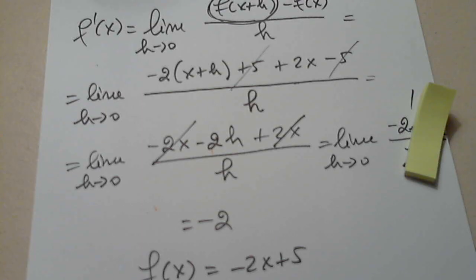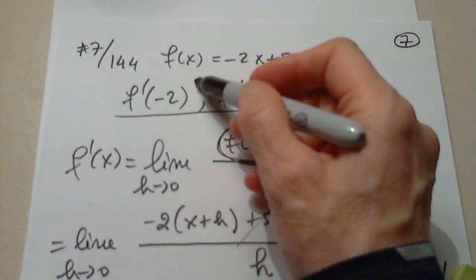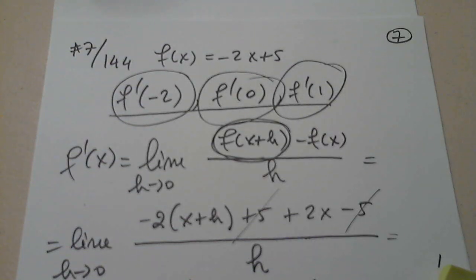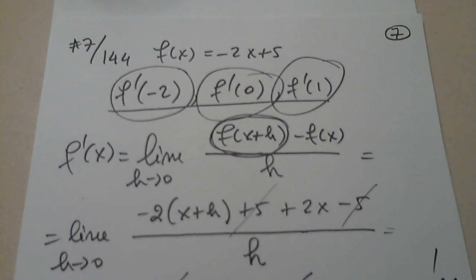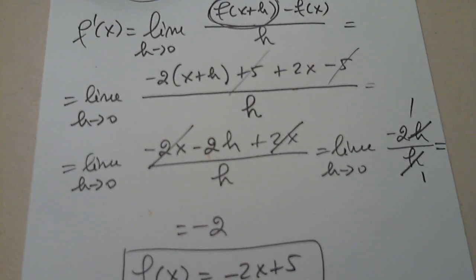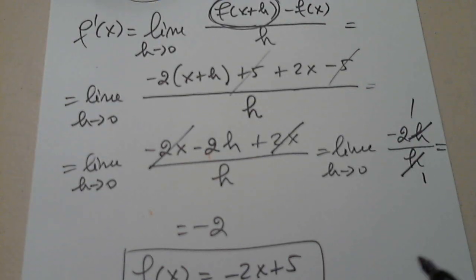Anyone? Negative 2. That's it. Indeed, negative 2. I don't have anywhere to plug it in. So f prime of negative 2 is negative 2, because there is nothing else. F prime of 0 is negative 2. And also f prime of 1 is also negative 2.